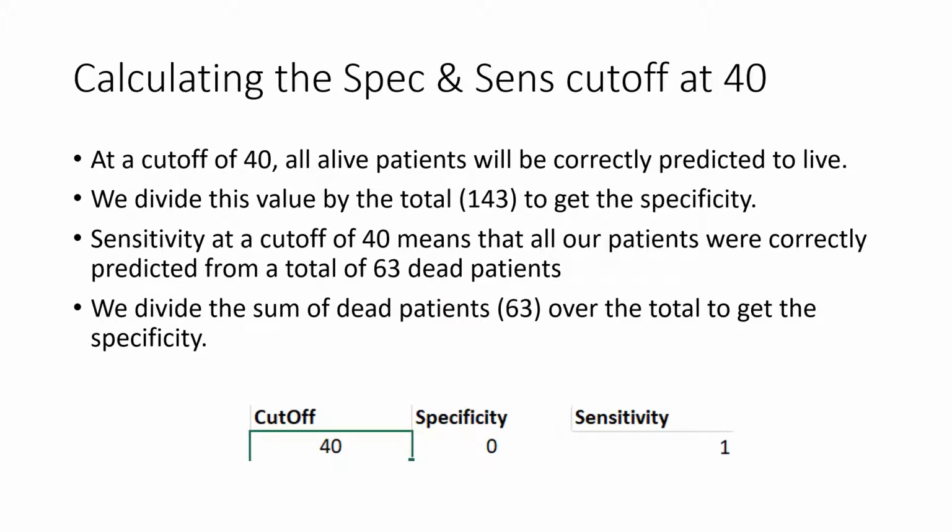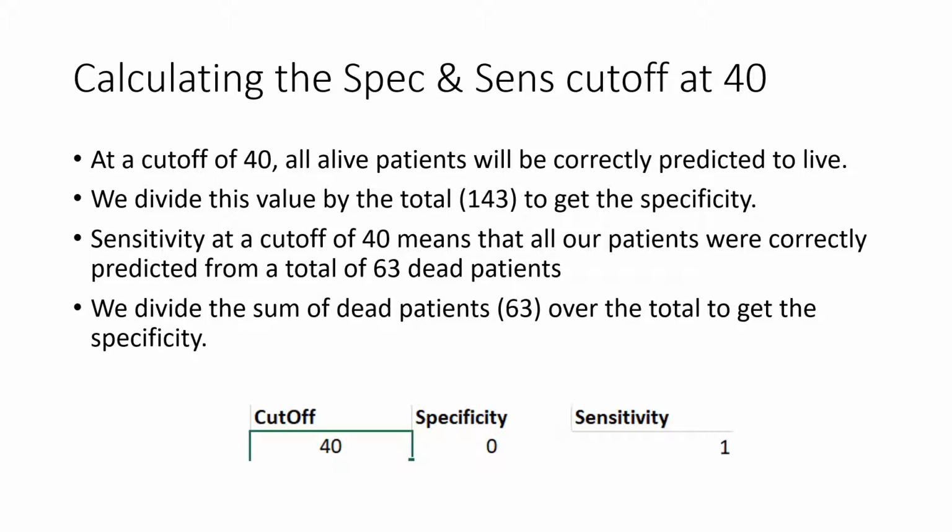The first thing I did was to calculate the specificity and the sensitivity at a cutoff of 40. At a cutoff of 40, we would predict that all our patients will be alive, which means that we have no true negatives. So this value would be 0.